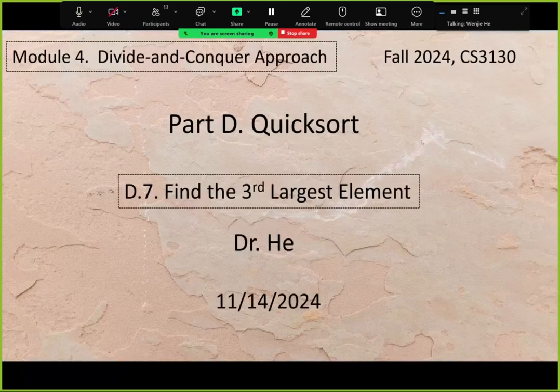All right. Then let's go to this one: find the third largest element in the array. To do that, we need to use some results we did before. Here you can see experience is very important.